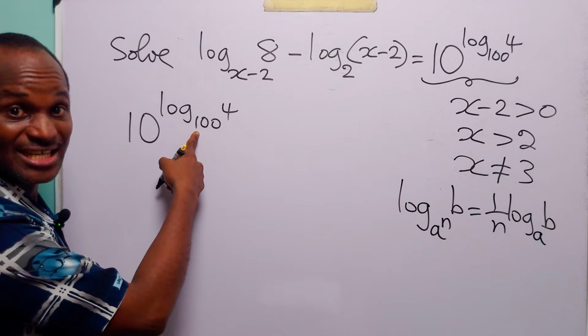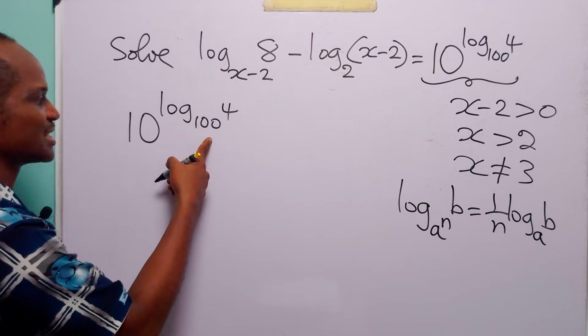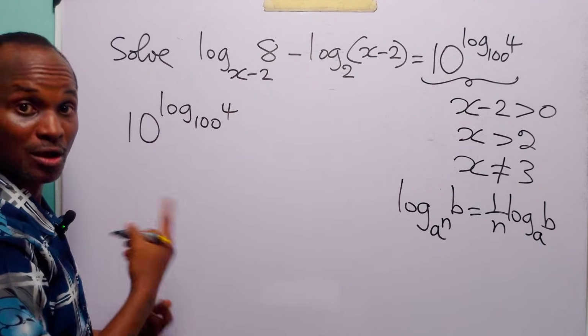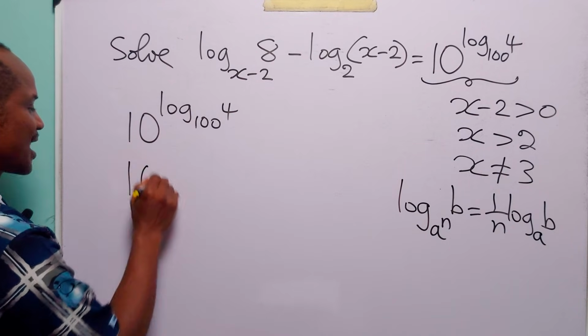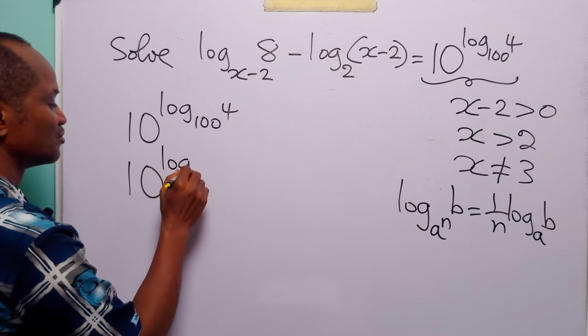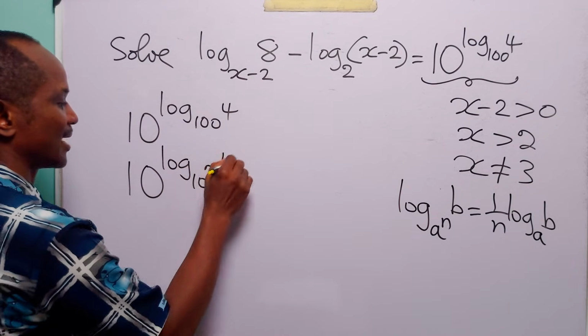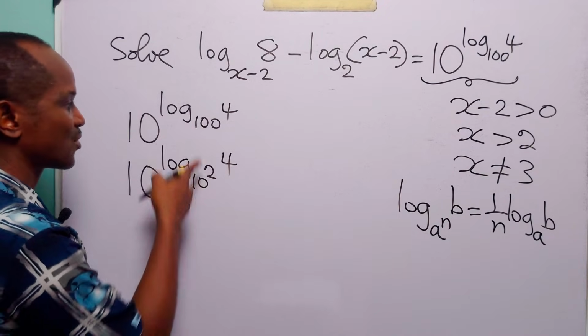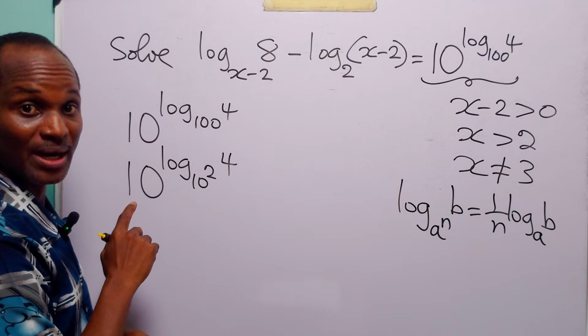When you look at this exponent, we have log to base 100 of 4. But of course, you know that this is the same as log to base 10 squared of 4, because 10 squared is equal to 100.